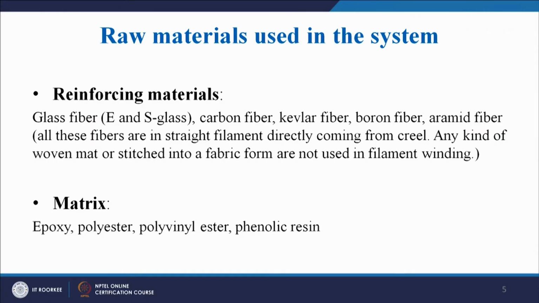Now, what are the raw materials that can be used in this system? The reinforcing materials are again glass fiber, carbon fiber, Kevlar fiber. All these fibers are in straight filament directly coming from the creel. So they are in the filament form or the fiber form, coming directly from the creel.